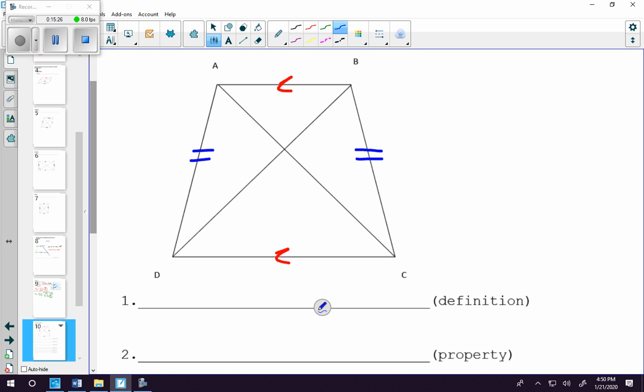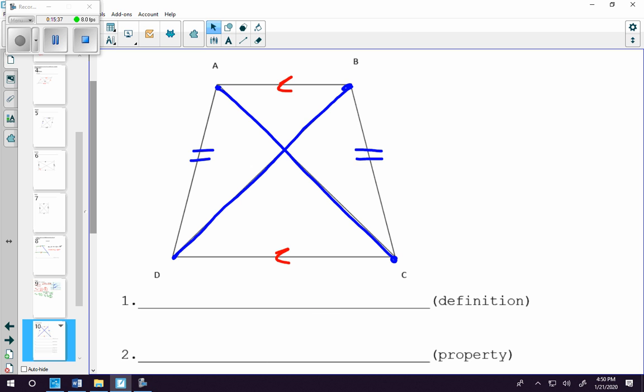One of the properties of an isosceles trapezoid is that the diagonals are congruent to each other. Highlighting those diagonals, segment AC is congruent to segment DB.